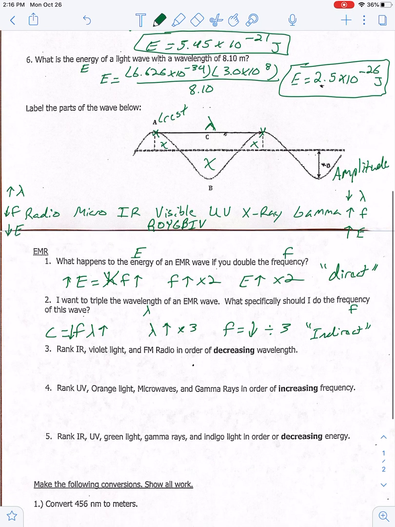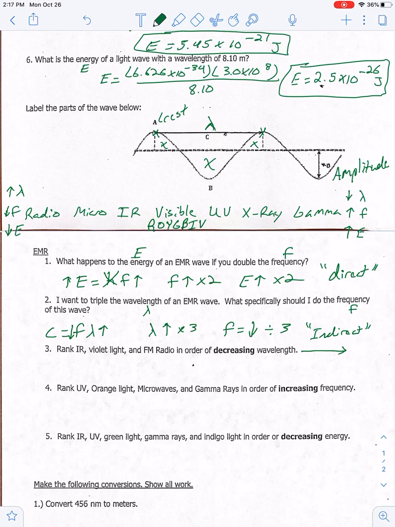Number 3, rank IR, violet light, and FM radio in order of decreasing wavelength. So my wavelength is getting smaller, which means we are going from left to right on my EMR scale up top. So we start from the left and go right.